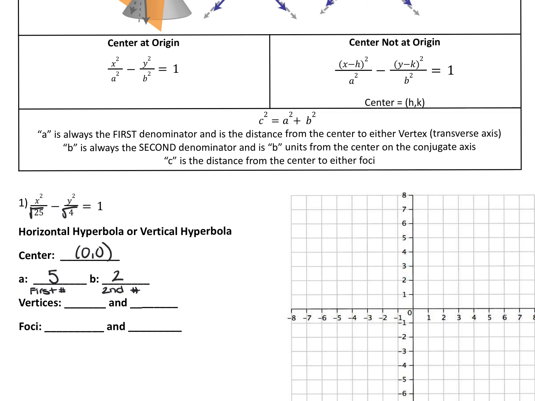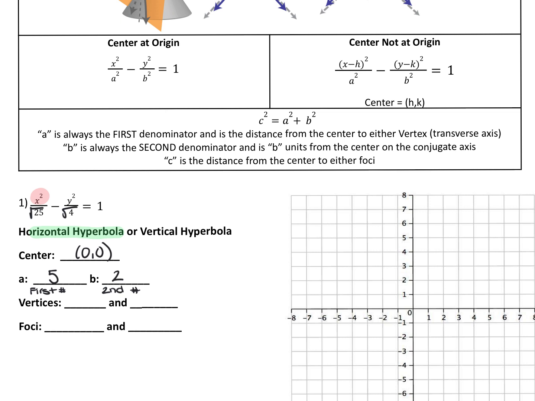Now we know that this is a horizontal hyperbola. So this first one here, we know it's horizontal. The reason why is because the x squared on top comes first. So that is your indicator. See how the x squared comes first? That is going to be a horizontal hyperbola.